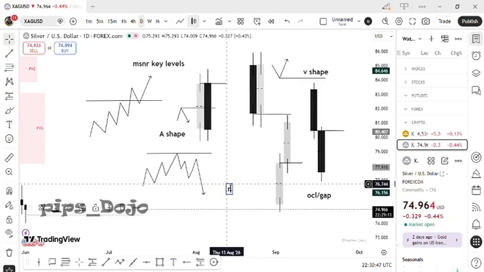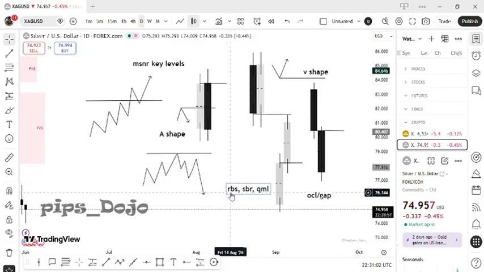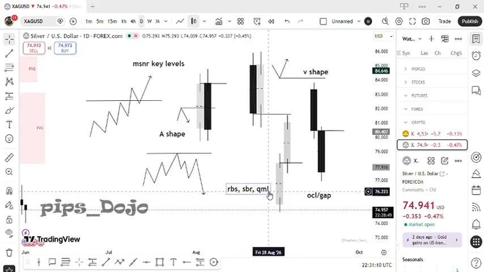We have the RBS, the SBR, and the QML. These are very important ones as well. The RBS simply means resistance becomes support. The SBR simply means support becomes resistance. And the QML is known as the Quasimodo.